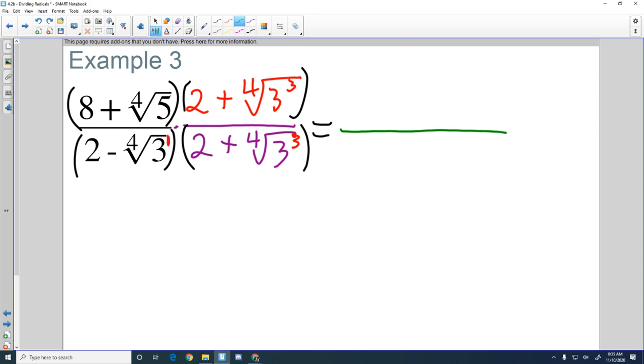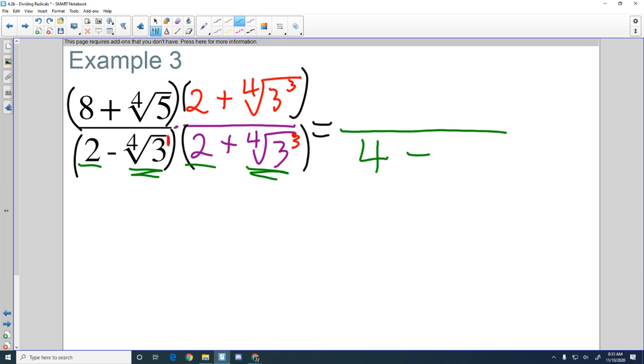And the key thing here, I know you can multiply the numerators together just fine. The key step in the denominator is going to be, because these are conjugates, we're allowed to take a little shortcut and just multiply the first 2 terms together, which is a 4, and then multiply the last 2 terms together. So that's a negative times a positive, so it's going to be a negative in here.